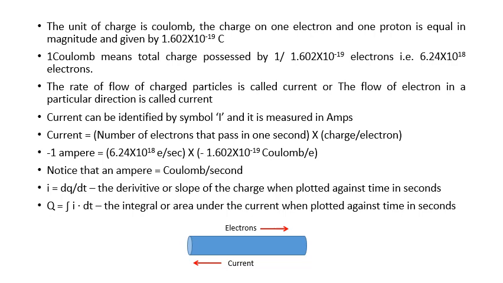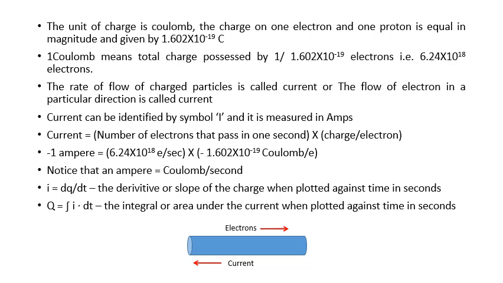I hope the concept is clear: the definition of charge is either a deficiency or an addition of electrons to an atom. If the electrons are removed from the atom, it becomes positively charged, called a cation.